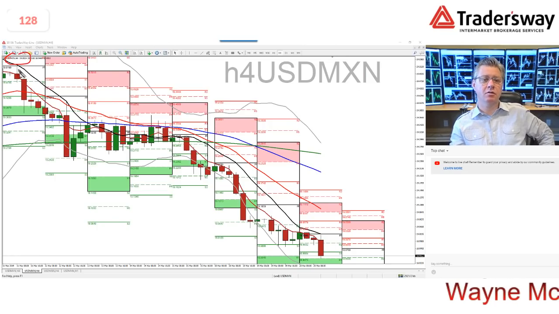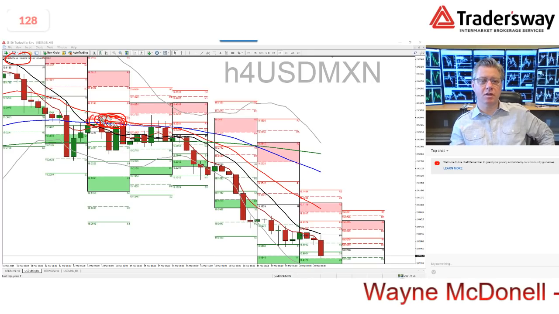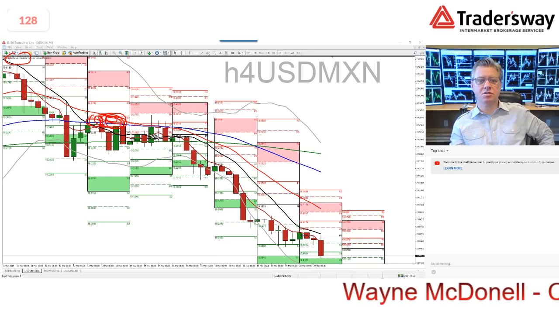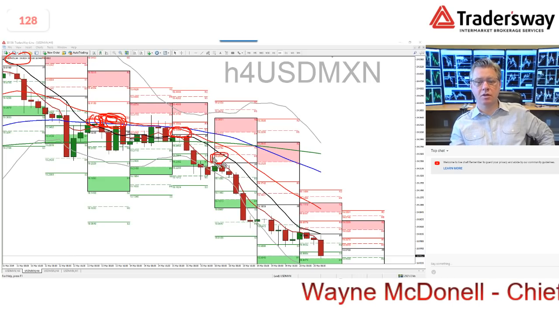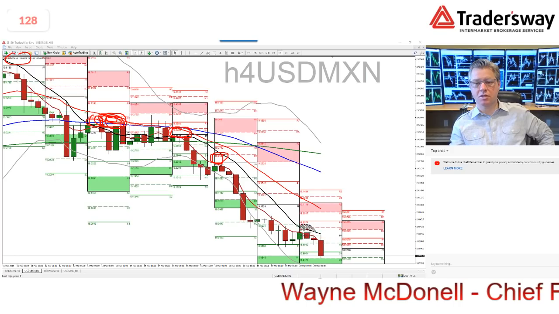There's an entry. Not quite. Yeah, there's an entry. Well, it would have been on the first of the day, but there's the entry. This is sort of sideways. Here's the entry. Here's the entry. Out of position. Here's the entry.